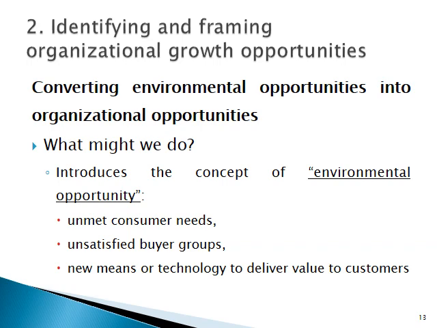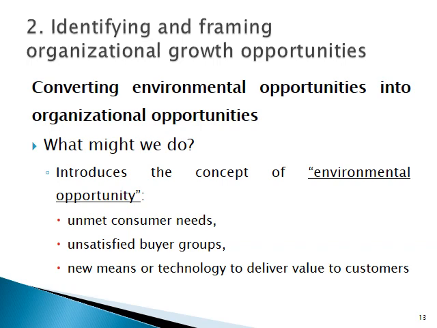If you take a big mega city in the world, or even in any country, within that big city, can you find flowers? It's very difficult, but people need flowers for some occasions. So there are a lot of unmet consumer needs with respect to flowers. They may need very good, fresh flowers, but they are not available. So there are a lot of unmet customer needs and unsatisfied buyer groups.